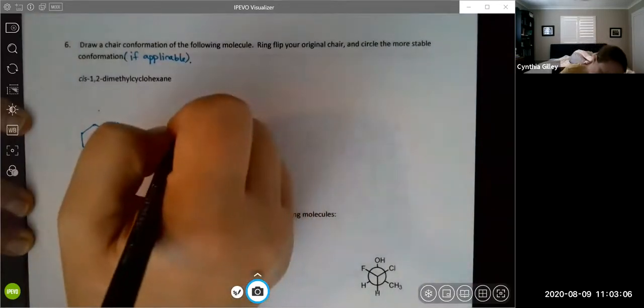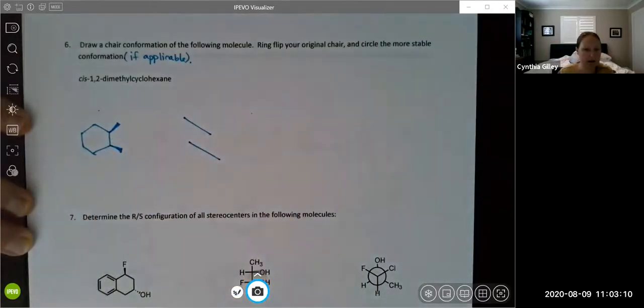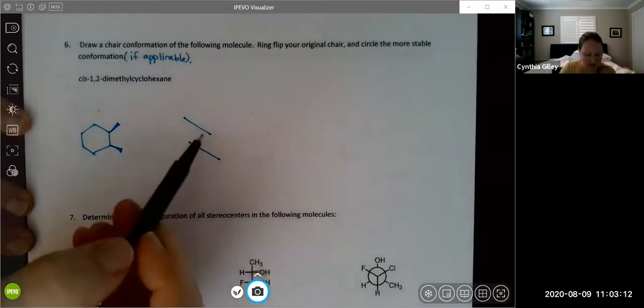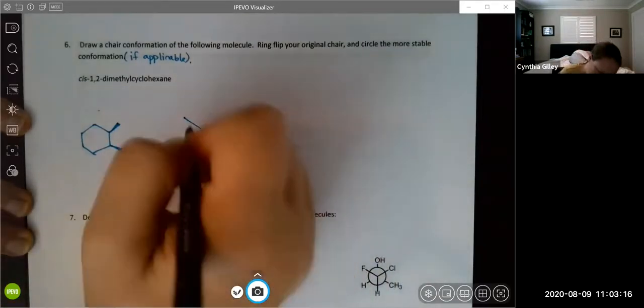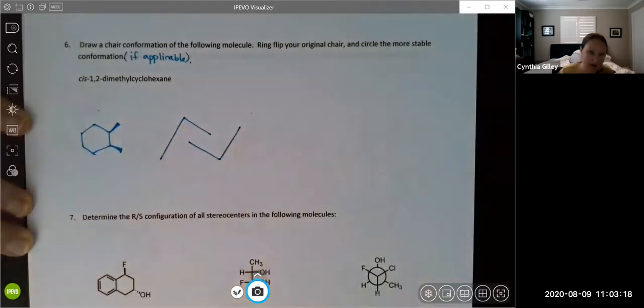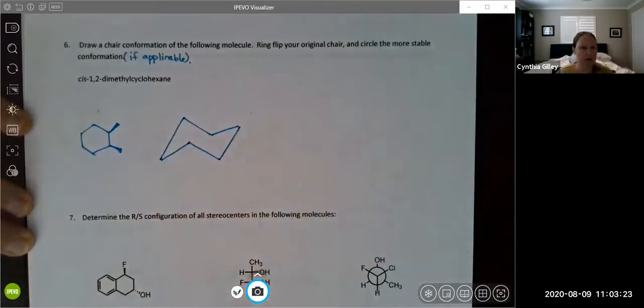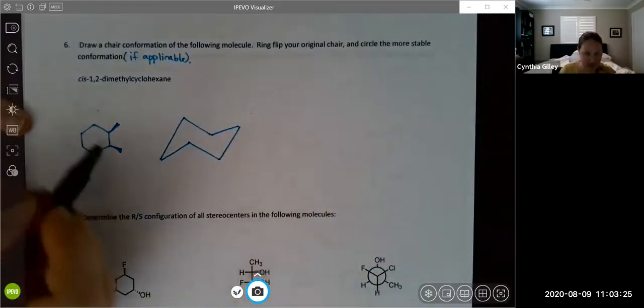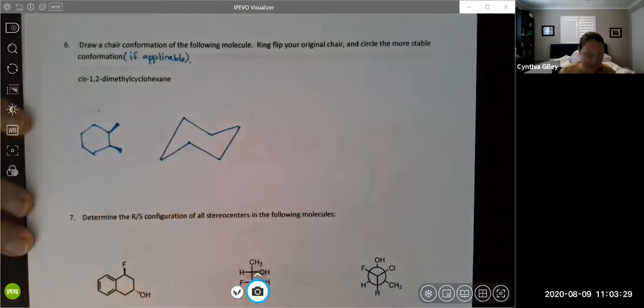So in drawing the chair conformation, I like to draw my 2 parallel lines first, with the one that's higher going further up. Draw in a 90-degree angle from those 2 parallel lines and then connect them. Okay, so I can put the methyls anywhere, but it's common to visualize them at the ends here.